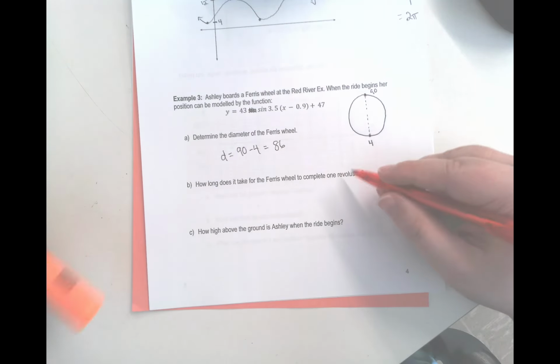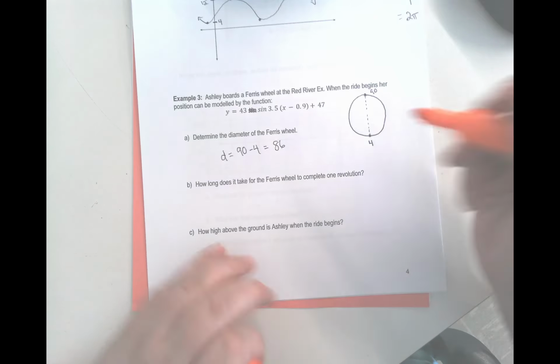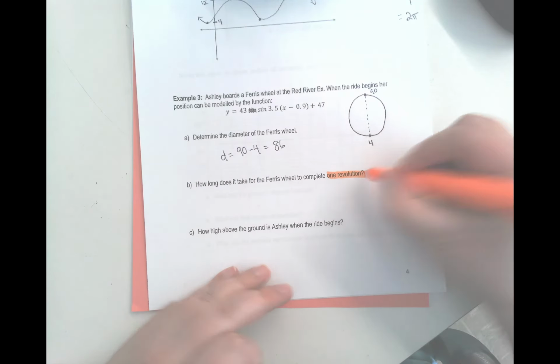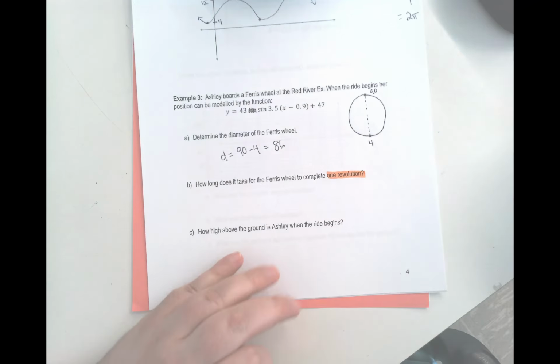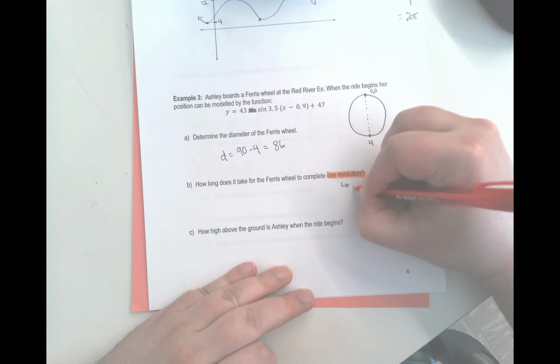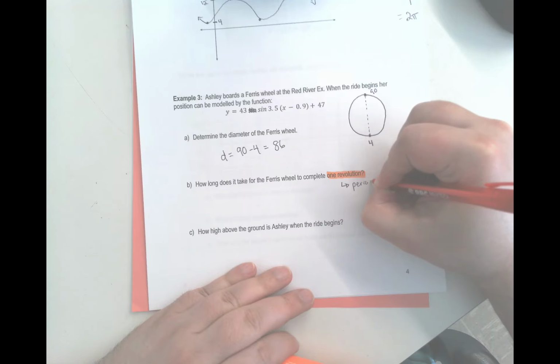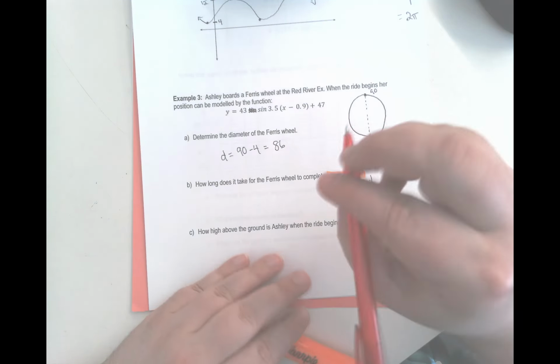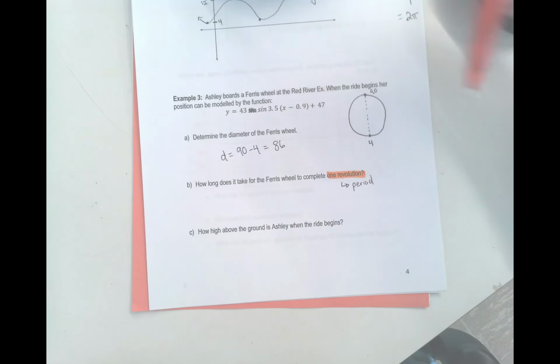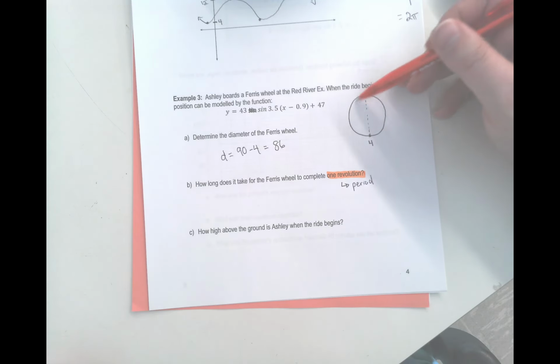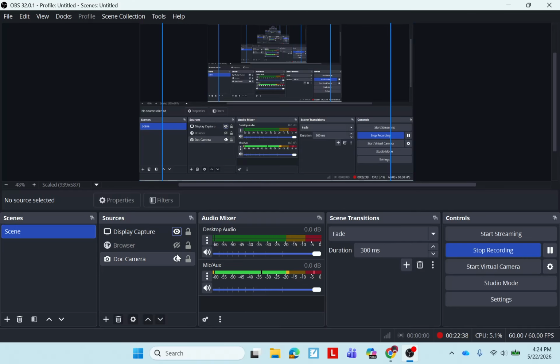When the question is asking how long does it take to complete one revolution, one revolution is just going to be the period. Because we're starting at the low point, and we go all the way around the Ferris wheel, and then we're going to end at the low point. So that is going to be one period of our graph.